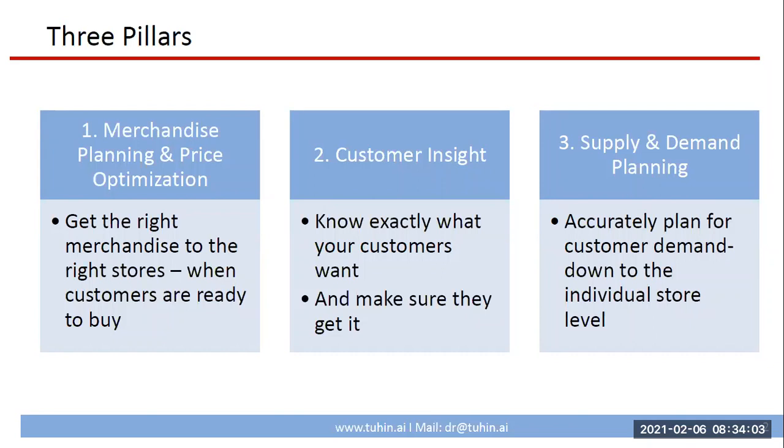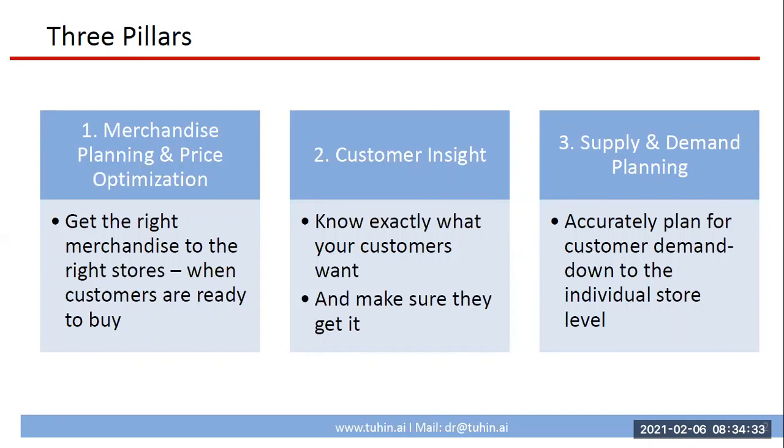So merchandise management, category management, assortment management. These are all the key pillars that determine what should be in the store, and of course, that is directly related to the revenue that the store is generating. So merchandise planning and price optimization, I shall dive deep further, but it is about having the right product, the right merchandise, in the store, and not only the right thing in the right place, but also at the right point of time.